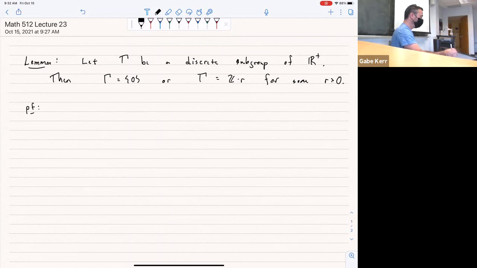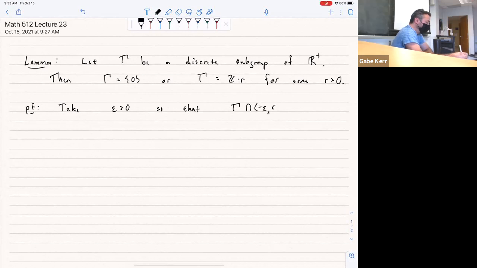So how do we do it? Well, recall, I think we did get to the point where we talked about the least upper bound. First take epsilon so that gamma intersect the interval around 0 is just above radius epsilon.